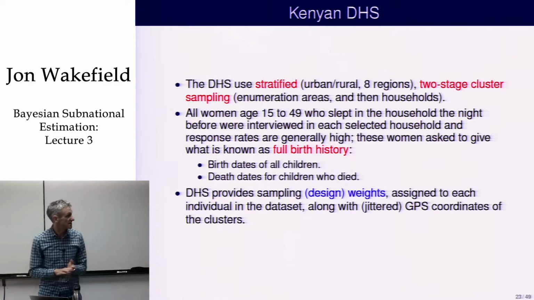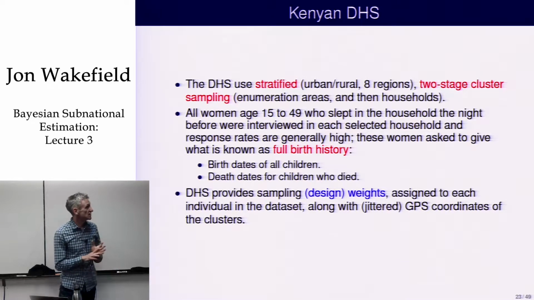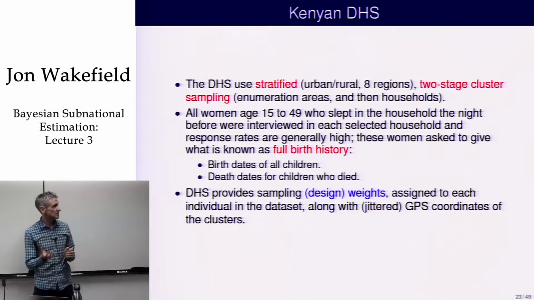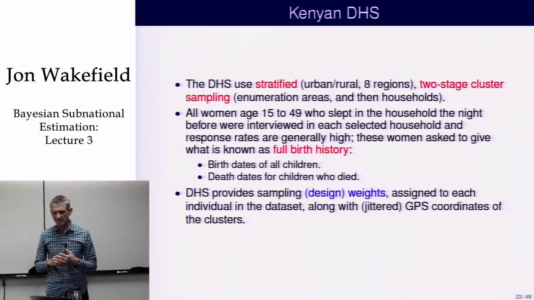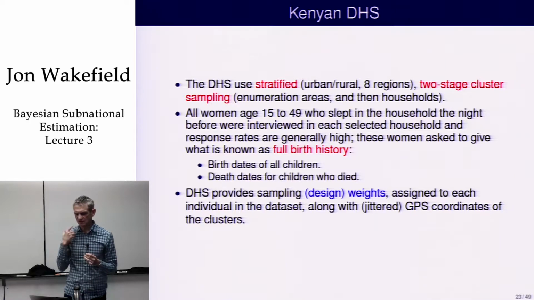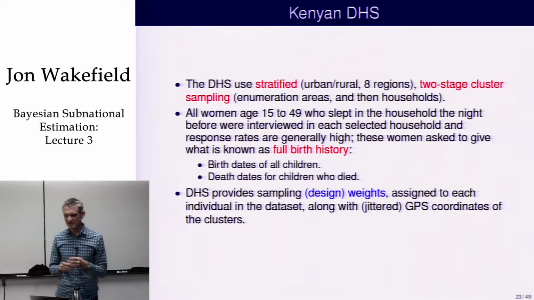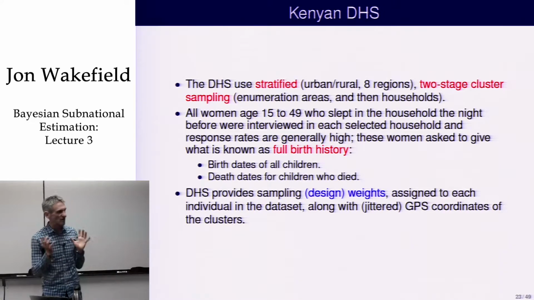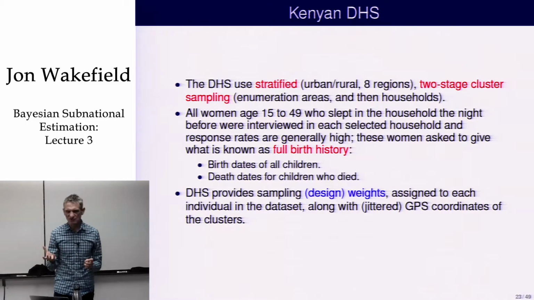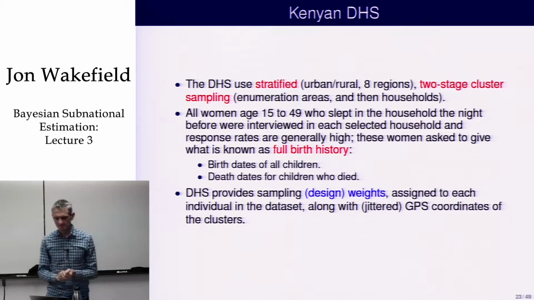So this is repeating in a little bit more detail what I just said. We have stratified sampling, by urban and rural, crossed with some kind of area level. This is actually in the Kenyan DHS. I put 8 regions here, but in general, it's going to be stratified at the admin 1 or the admin 2 level. If you remember, admin 0 is country, admin 1 is one below that, admin 2 is one below that.